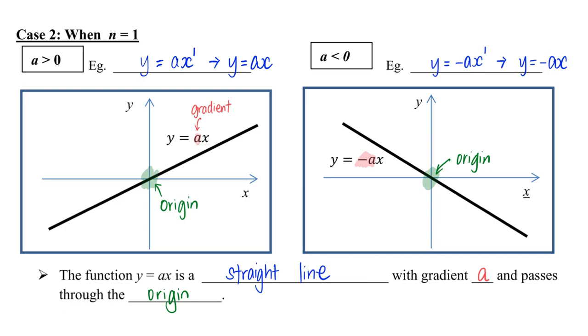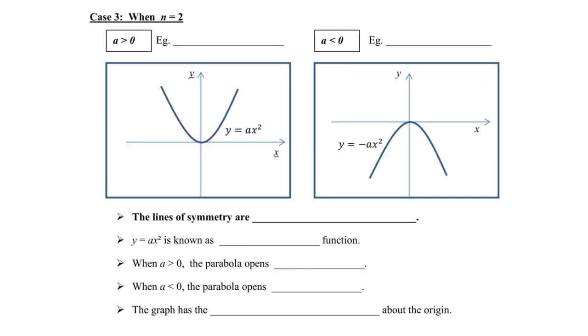Let's move on to the next case where n equals 2. Hello everyone, welcome to this part of the video where we are going to explore the case where n equals 2. So given the equation x to the power of n, now n is 2.